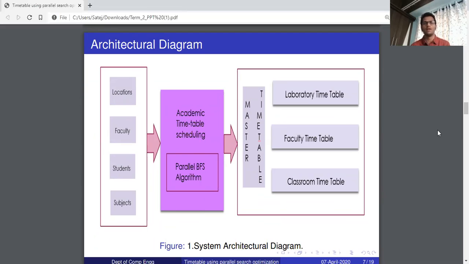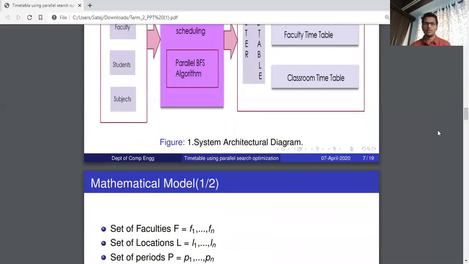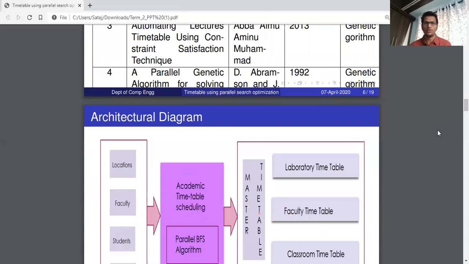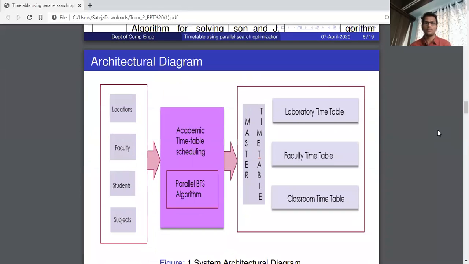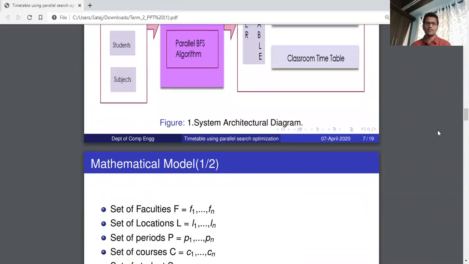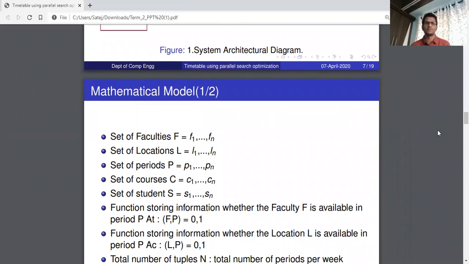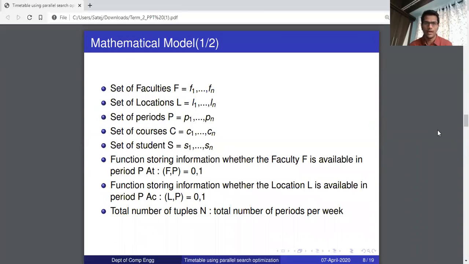The master timetable consists of different timetables, for example, laboratory timetable, faculty timetable, and classroom timetable. These timetables are used for every year: first year, second year, third year, etc. Now I will hand over to Anaka.